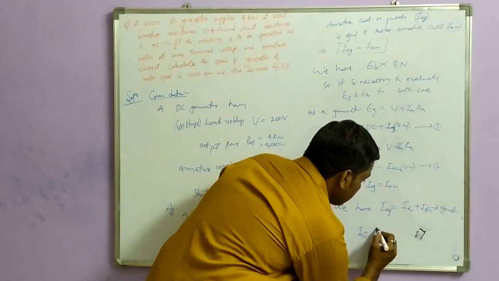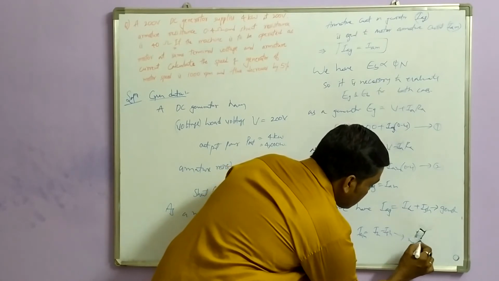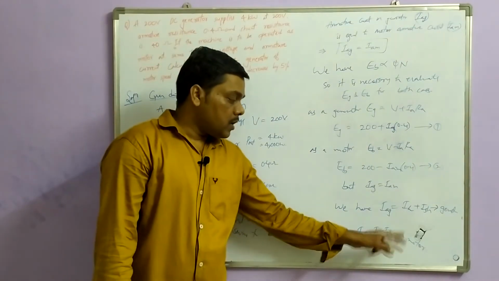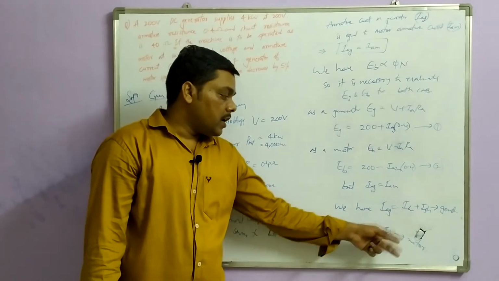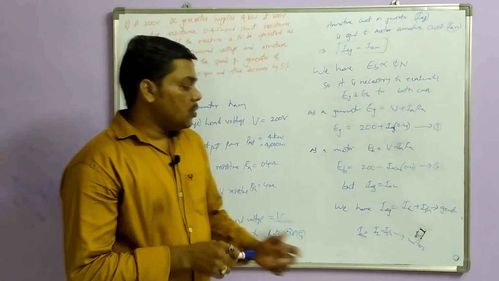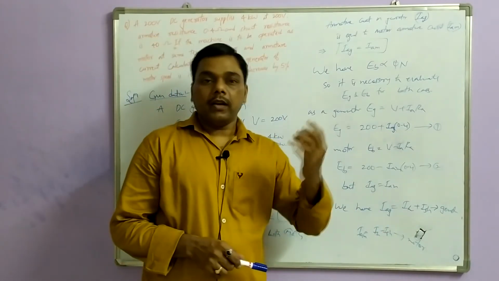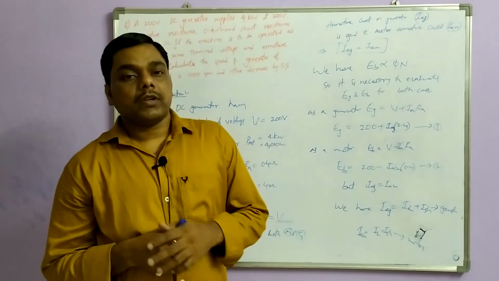You can write IAM equal to IL minus ISH in the case of motor. Now if you find the load current and shunt field current, we can evaluate IAG and IAM for both cases. In both cases it is the same, so if you find one current, it will be equal to the generator current as well as the motor current.